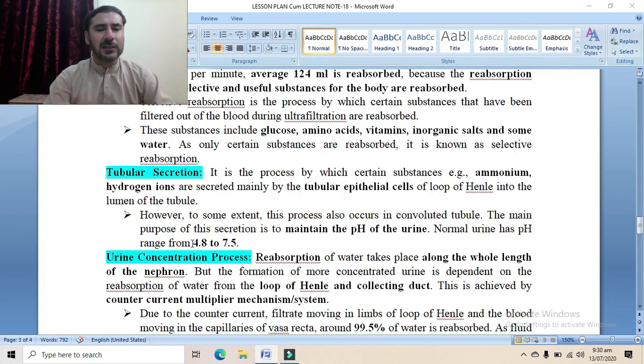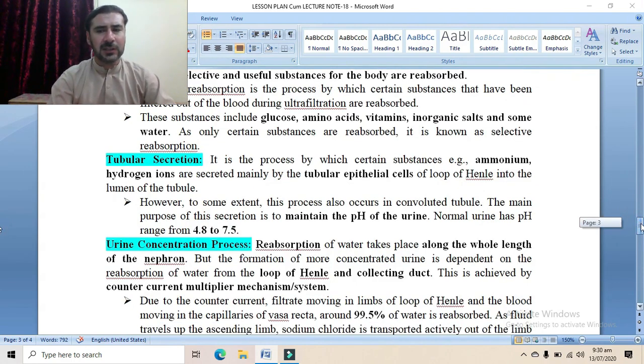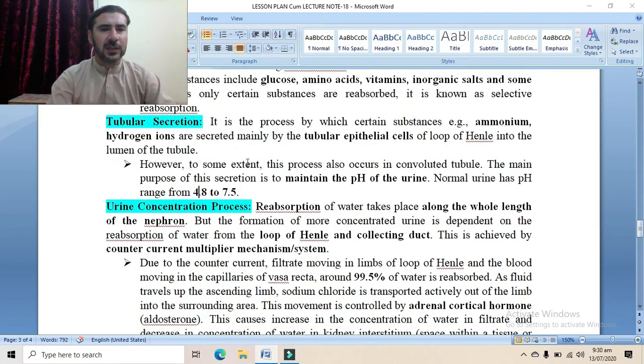So as a result the pH will be maintained within this range, 4.8 to 7.5. So this lower range is slightly acidic, and this is in the neutral range. So this range is between the slightly acidic and the neutral range. This range will be maintained through the tubular secretion, the secretion of various ions, ammonium and hydrogen ions.